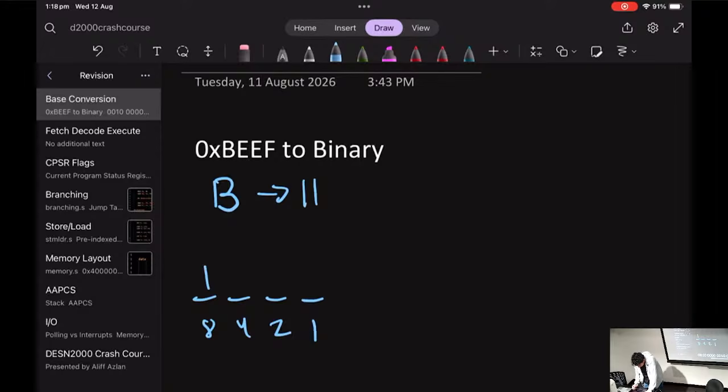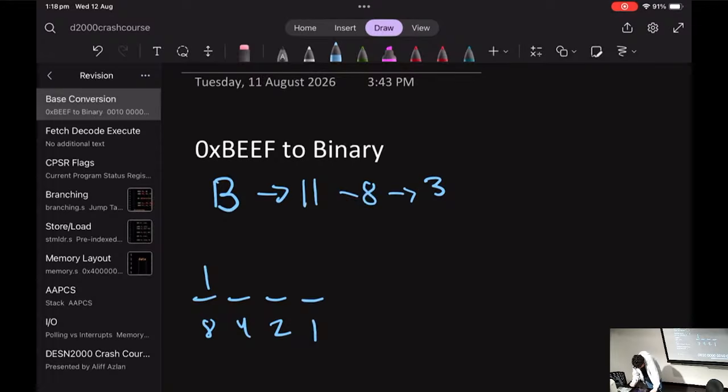It does, so we put a 1 there, and then we do minus 8, and we keep what is this, 4, in our head. Does 4 fit into 4? Wait, 11 minus 8 is not 4. Is 11 minus 8 3? I can math, don't worry, guys.